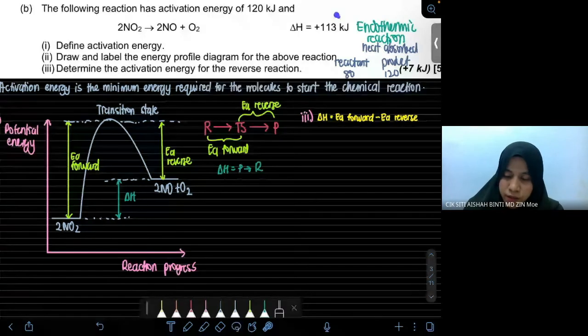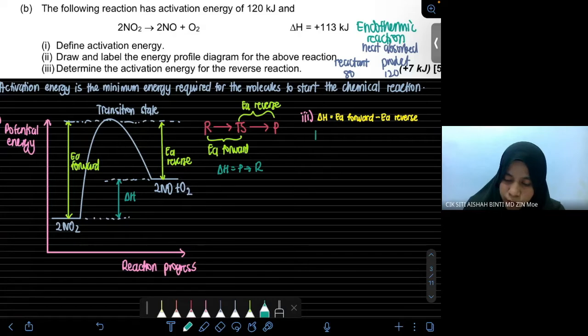Delta H, which is given in the exam question, is equal to 113, equal to activation energy forward minus. In this case, they ask you to determine activation energy reverse, so this is our unknown. The activation energy forward is given in the question, which is 120 here.